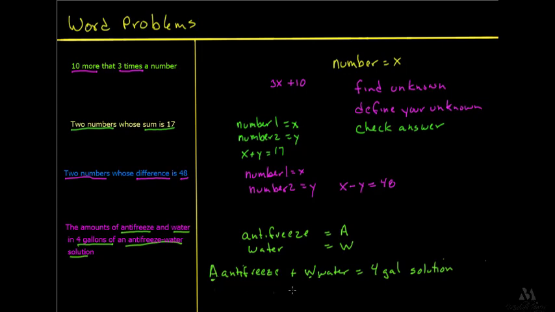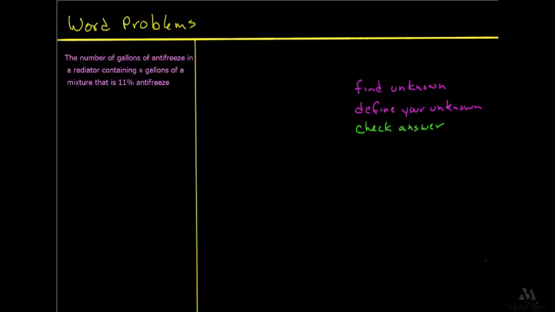It might be 1 gallon of antifreeze and 3 gallons of water. So our unknowns were the amounts of antifreeze and water, and we gave them the variable names capital A and capital W. And we kind of went back and checked our answer, and we said, yeah, sure, this much antifreeze plus this much water would get us a 4-gallon antifreeze water solution.